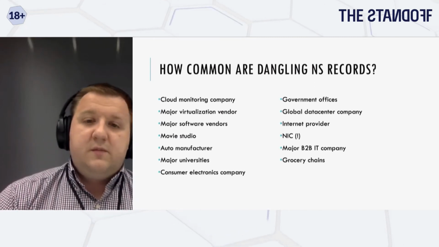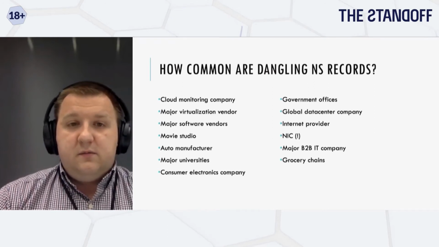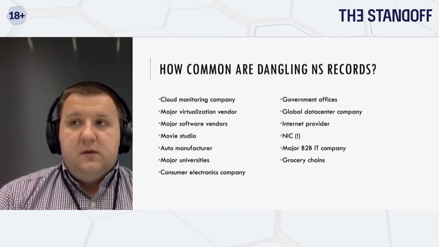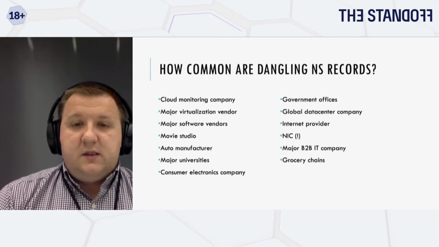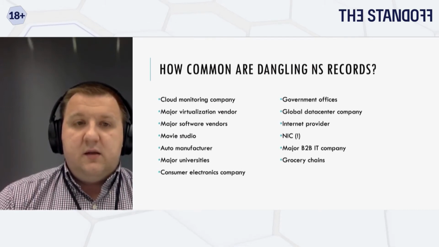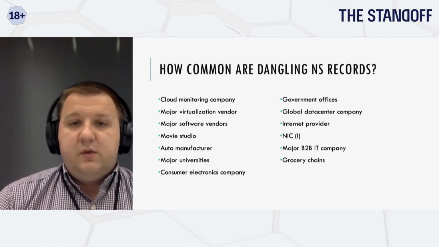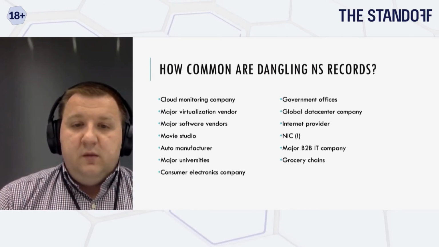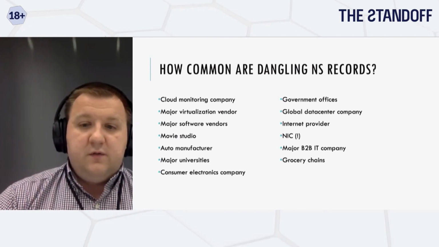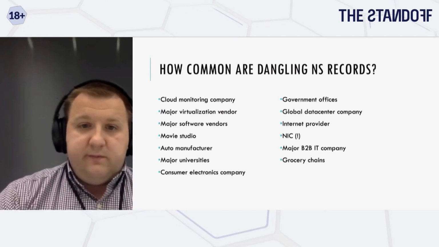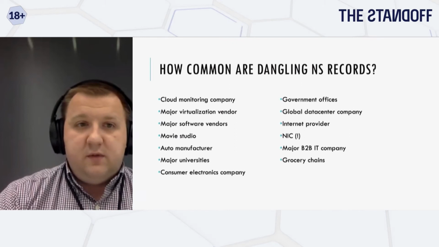I was really surprised to see an NIC there, because an NIC should know better. These guys are responsible for regional internet. Naturally, there were also ISPs, major IT companies, and so on.